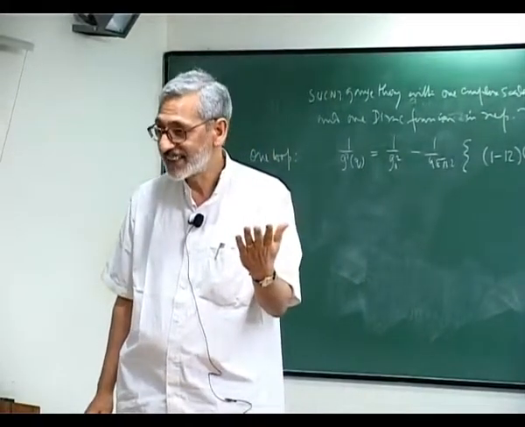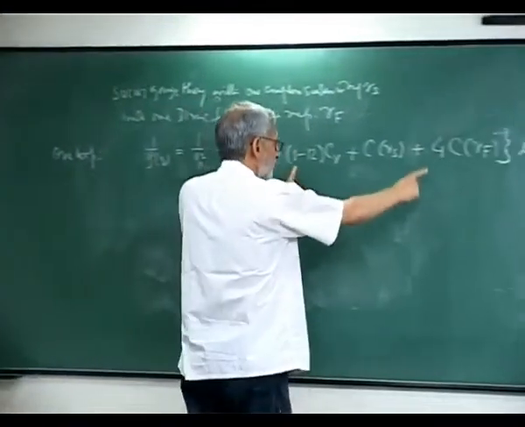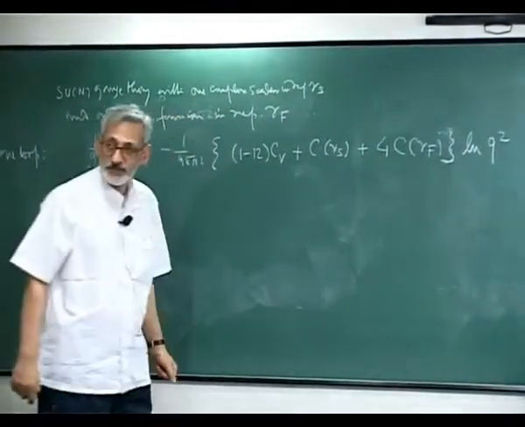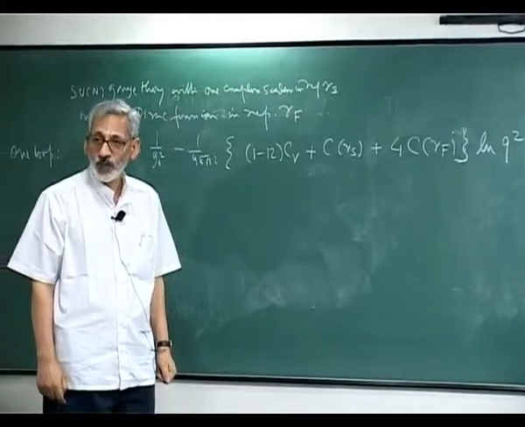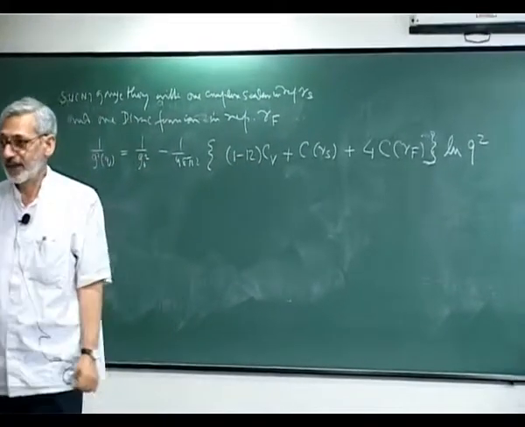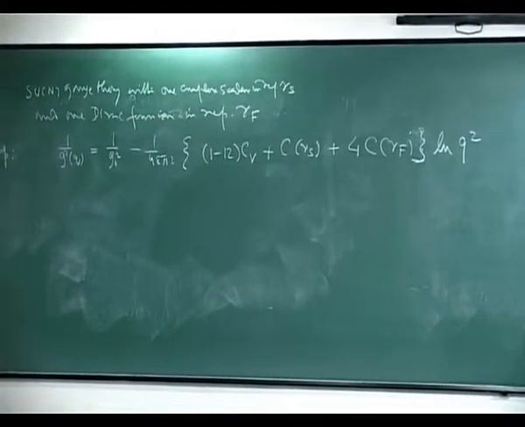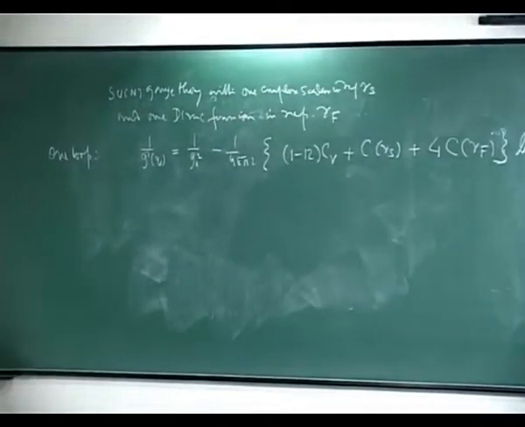Clear? And all of them contribute with the same sign. But it's this non-abelian nature of the theory which is contributing with a negative sign. Clear?